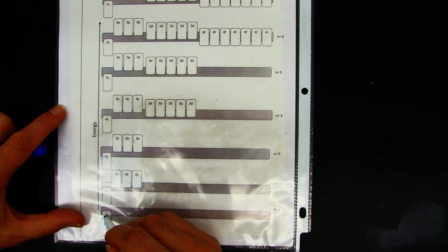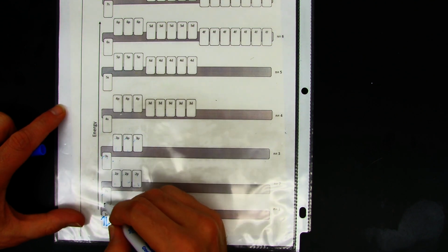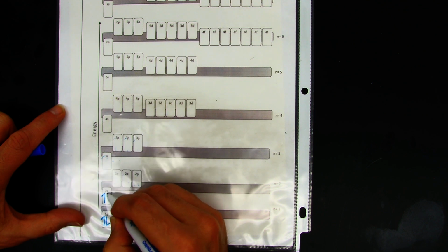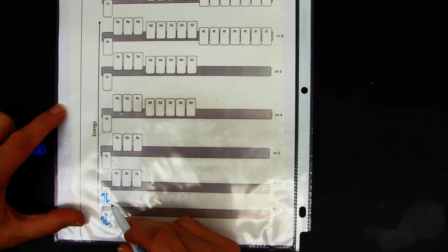Let's go to our orbital diagram, and this time we're going to do 16. We're going to do the same thing, starting at the bottom. We're going to do spin up, spin down for 2. Then we're going to do spin up, spin down in the next level.